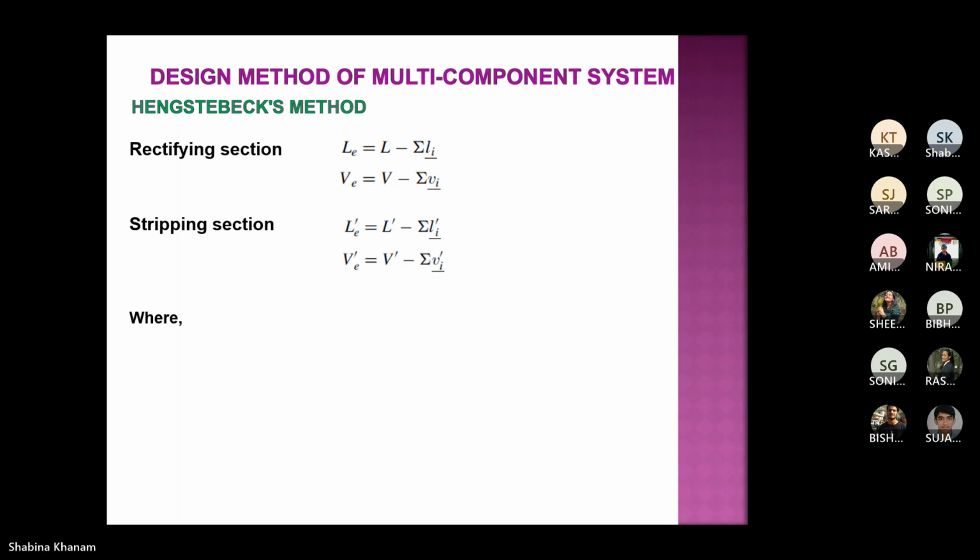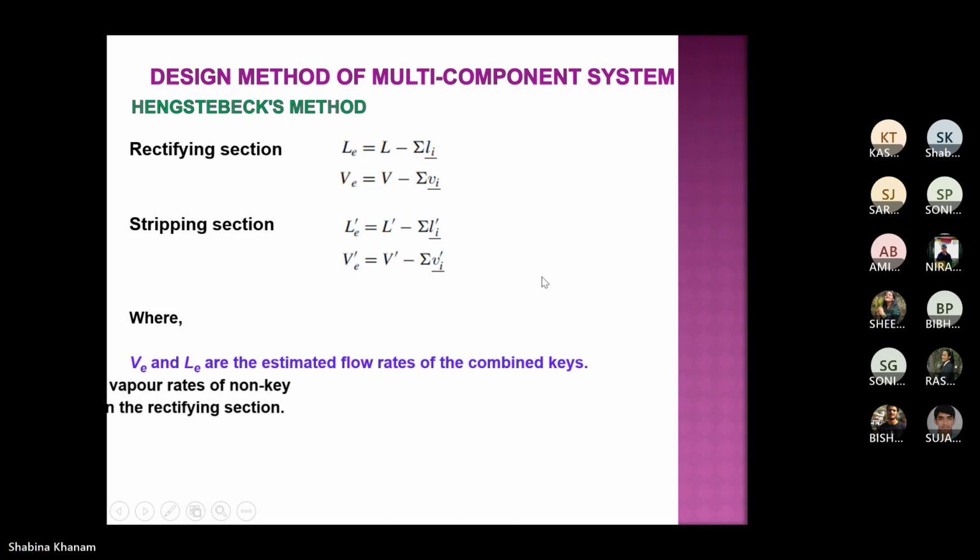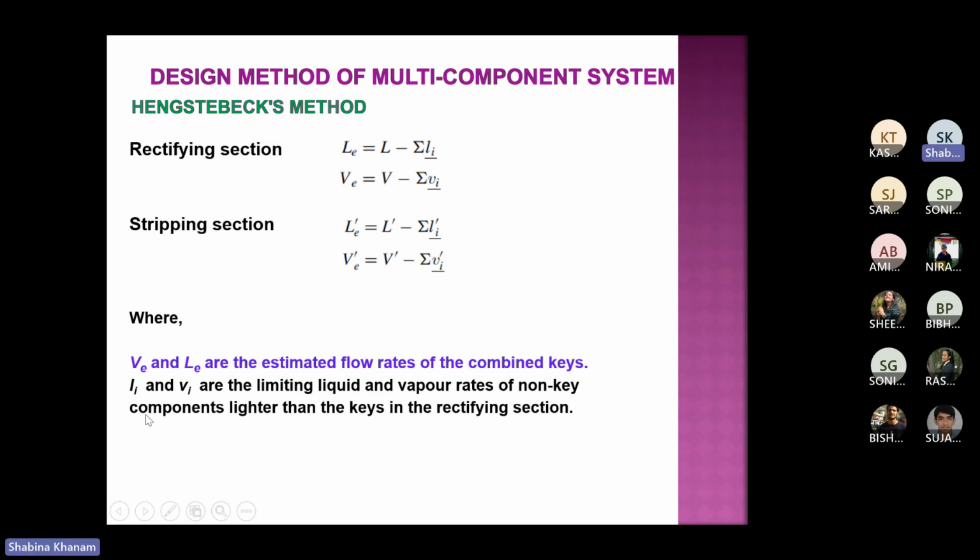Where Le and Ve are the estimated flow rates of combined keys. Li and Vi are the limiting liquid and vapor flow rates of non-key components lighter than the keys available in the rectifying section.